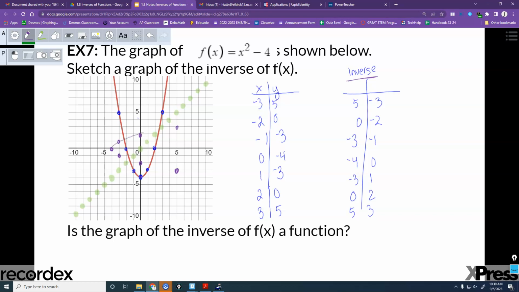So if we look at that purple there, our answer looks like this. I think I probably would have flipped it upside down if I was just trying to do it by looking at it, but this actually flips it over on its side. Is our inverse a function for this problem? It's not.